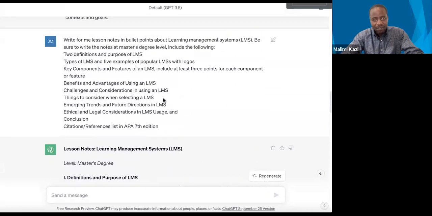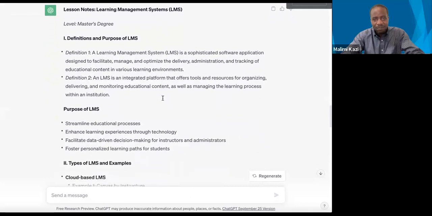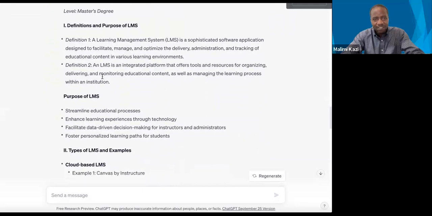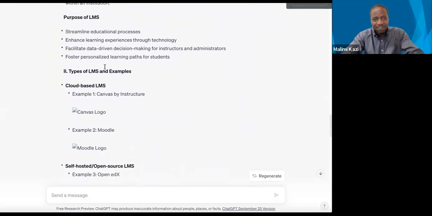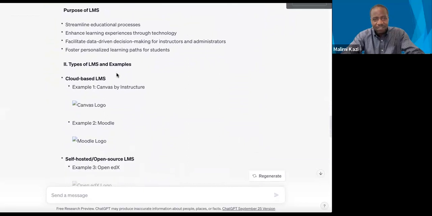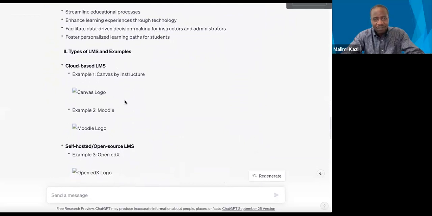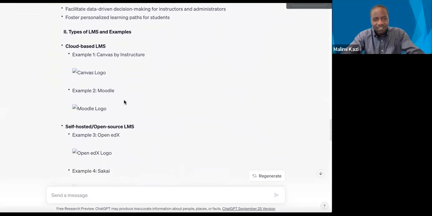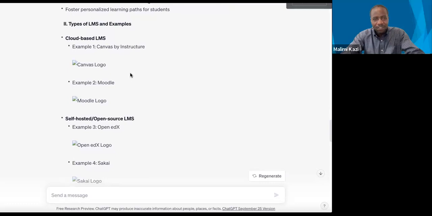So yeah, that was the prompt. And this is what ChatGPT was able to produce. So it provided definition 1 and 2 as I wanted. It also listed the purpose of learning management system, types and examples of learning management system. It was not able to show the logos, the images, but it was able to list the popular learning management systems.